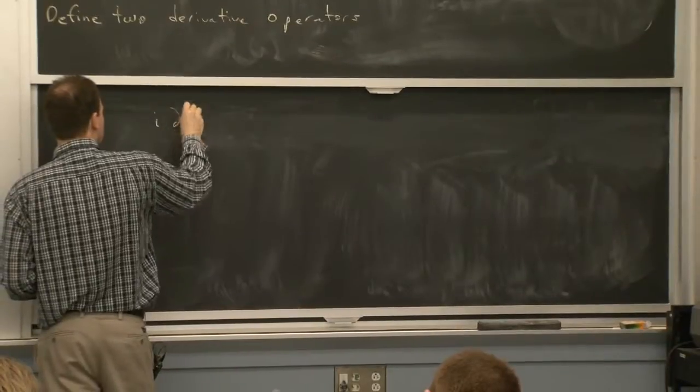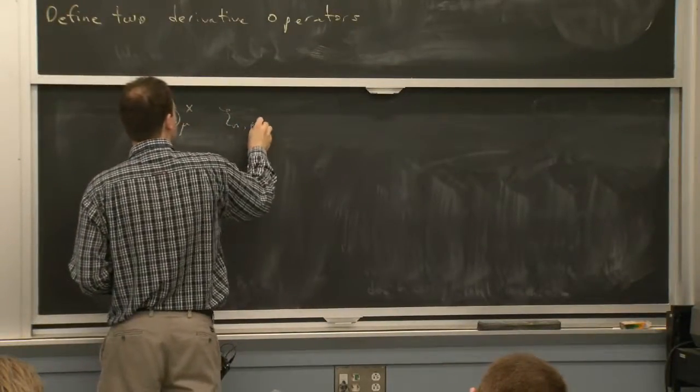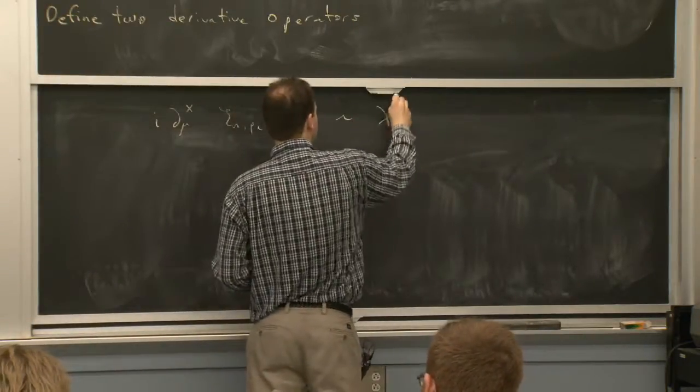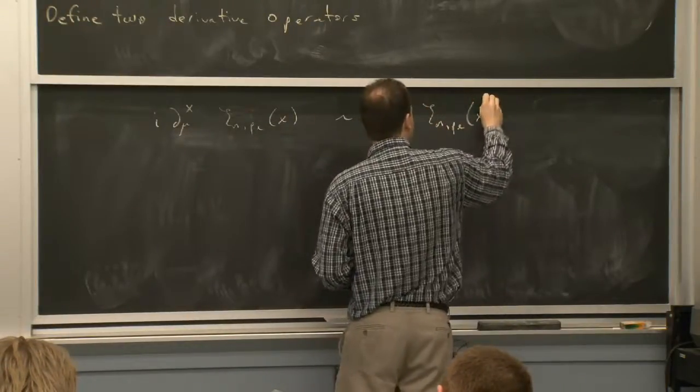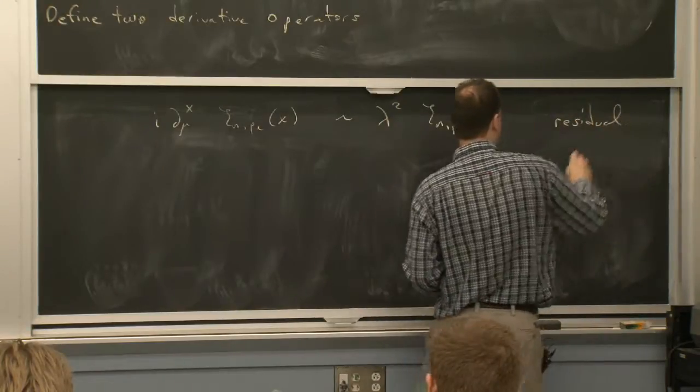One is just, if you like, a standard derivative in the x space of this guy, acts only on that coordinate. And that derivative scales like lambda squared. So that's residual, talking to residual momenta.